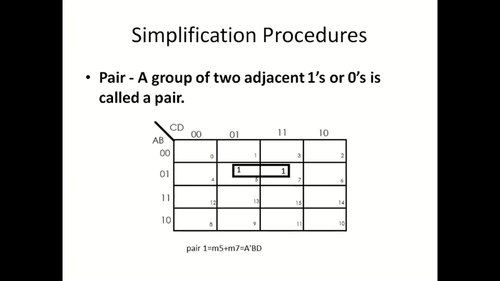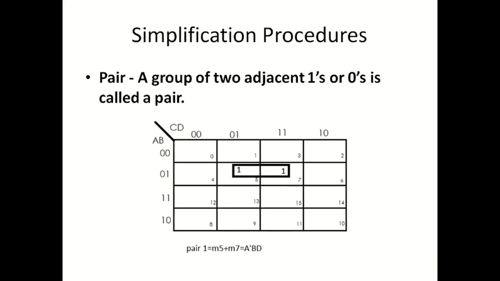Now, if you see the second and the third column, in M5 the value of C is 0, and in M7 the value of C is 1. So we have to cancel C, we have to drop C, because the variable which is changing its value, we have to drop it.